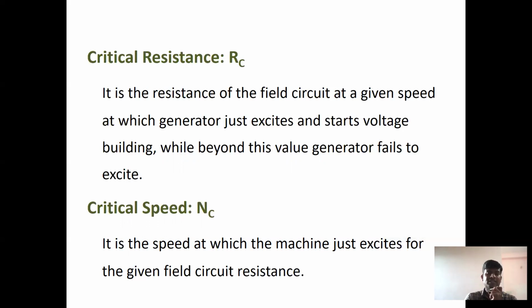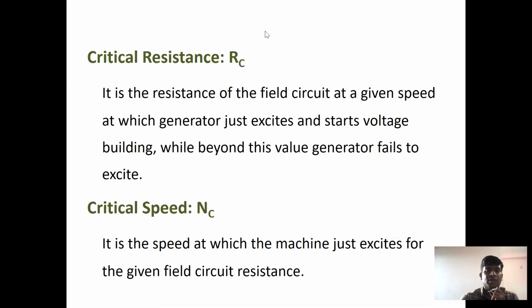In self-excited generators, the speed of the generator is always more than the critical speed, and the field resistance is always less than the critical field resistance.